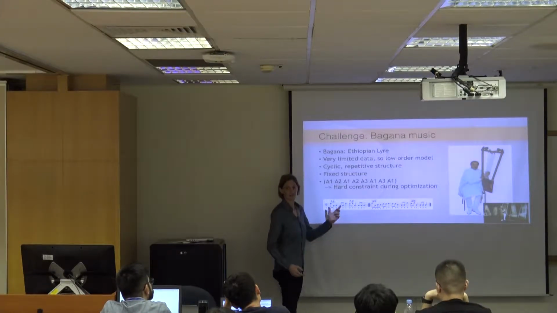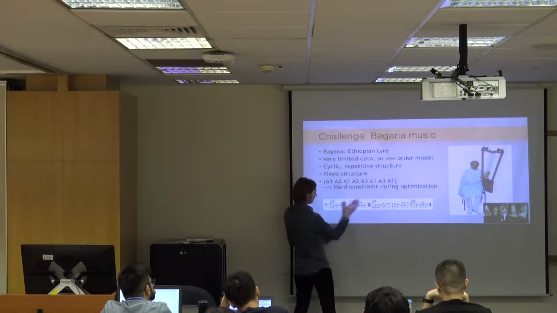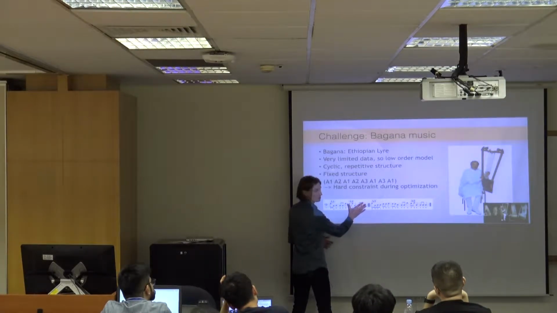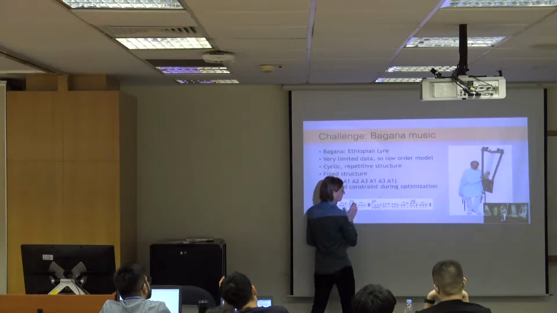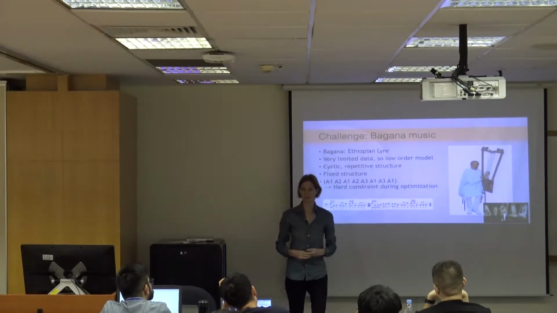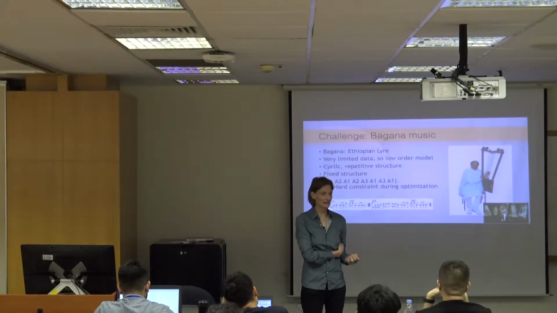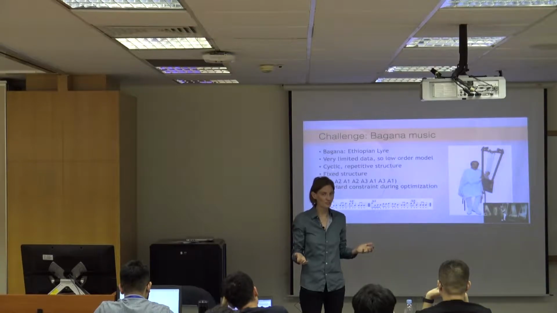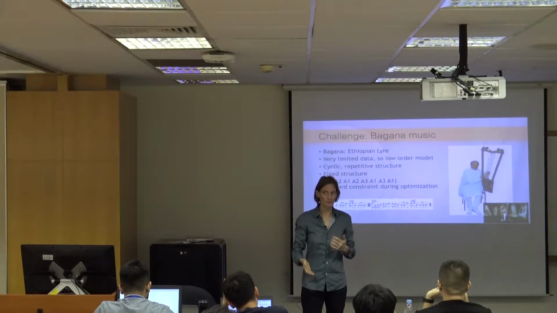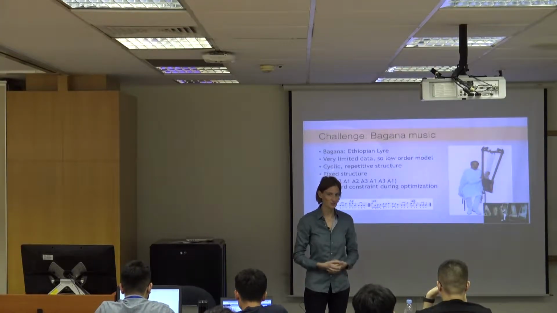Why? Because it has this sort of structure that I mentioned earlier, where you have, for instance, an A2 structure being repeated later, this whole segment being repeated, which is hard to control just by using Markov models. So we wanted to look at this also as an optimization problem, whereby we somehow integrate the Markov probabilities in the objective function.